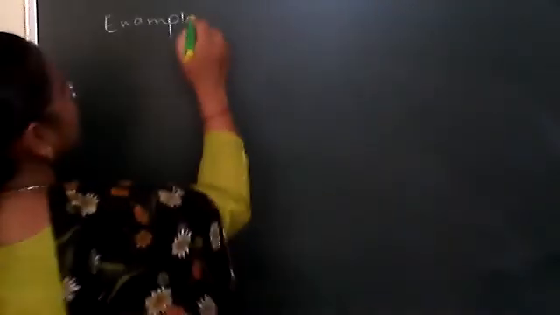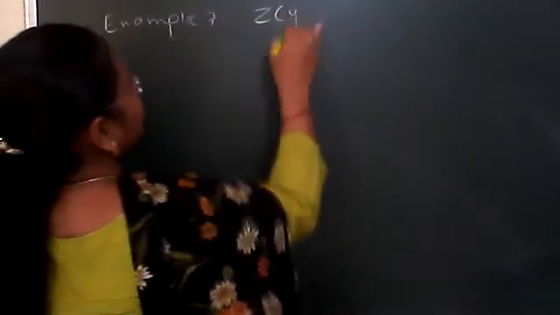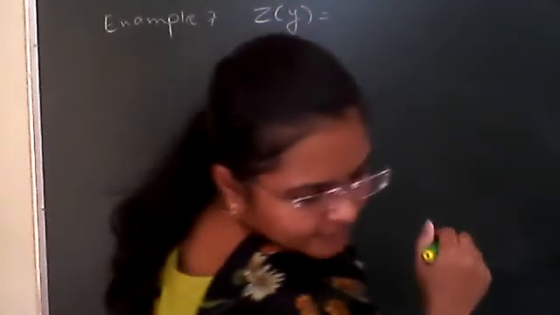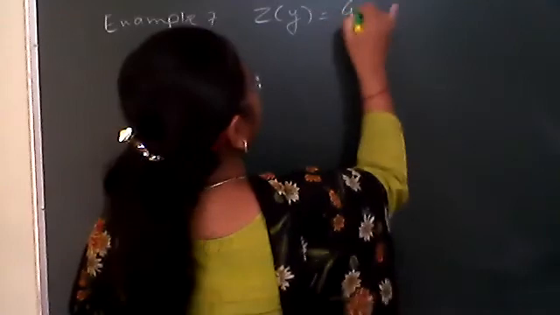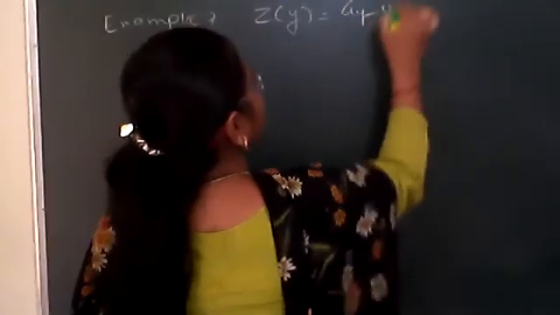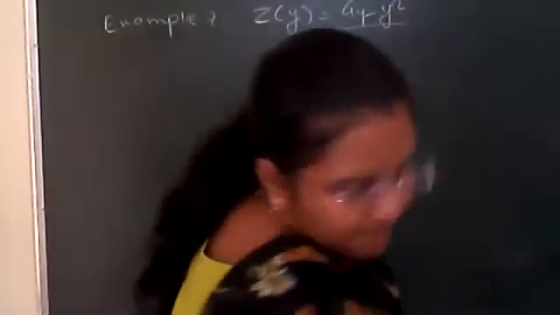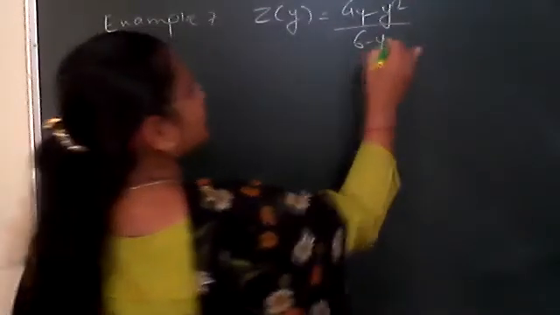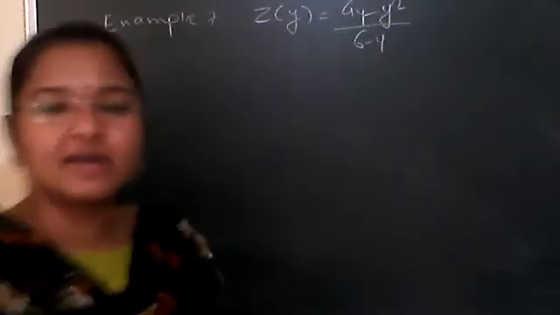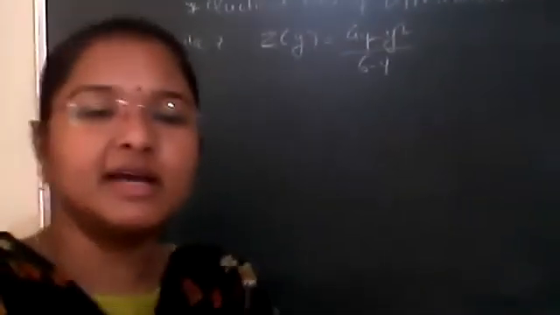It is a function of y. z of y is equal to 4y minus y square upon 6 minus y. What is the derivative? Now Yash Ambekar will tell me. Where is Yash?